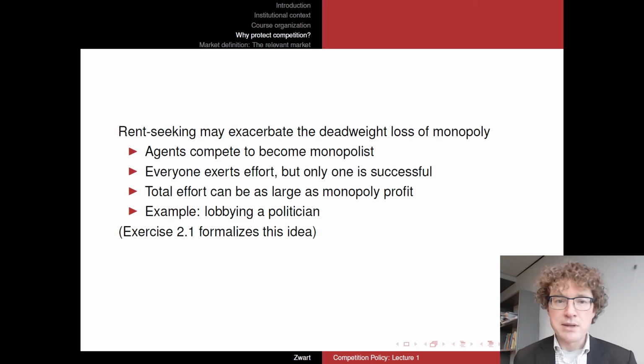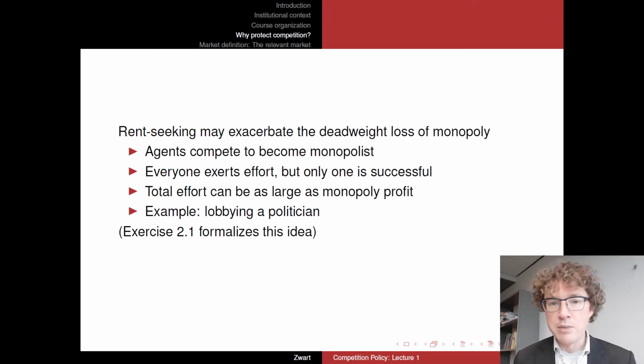That means different firms that might have the opportunity to become the monopolist will have an incentive to spend a lot of effort and cost on getting this monopoly. These various firms might compete to become monopolists, and that's going to be costly because all these firms are going to exert effort to get there.